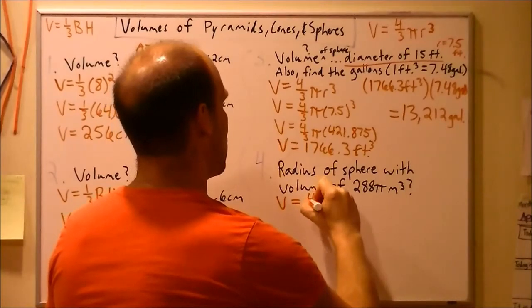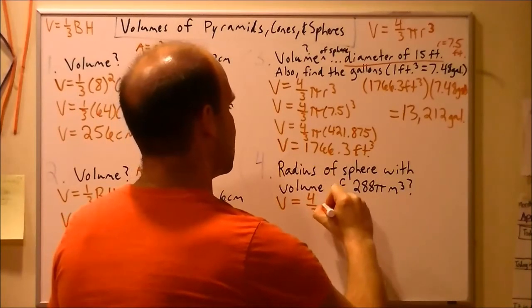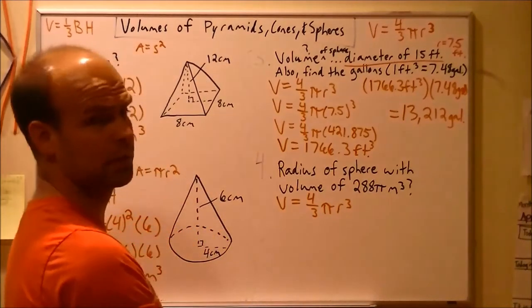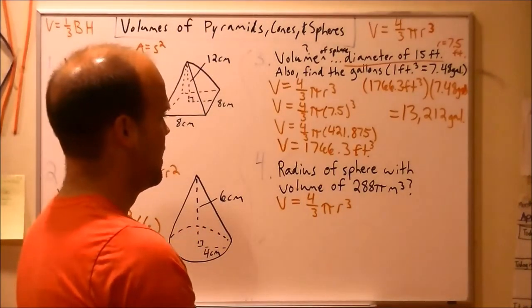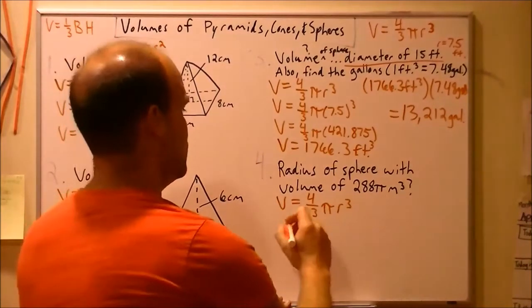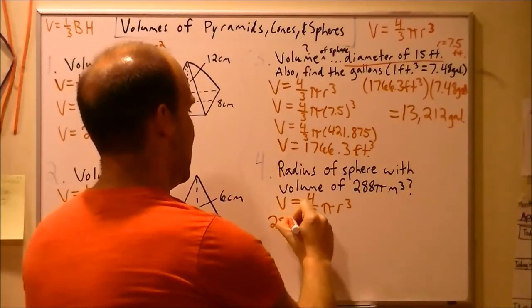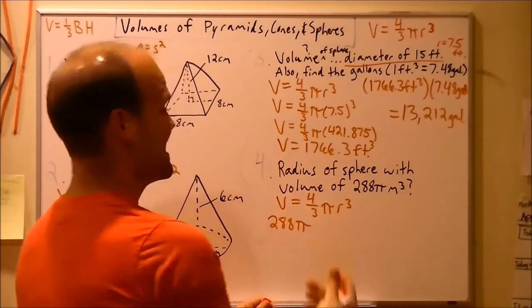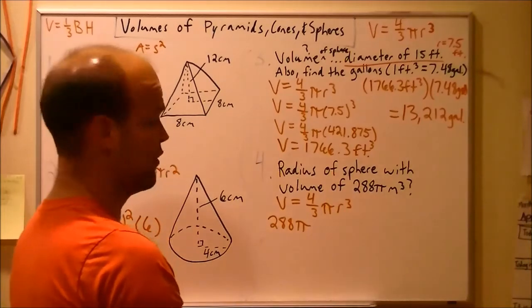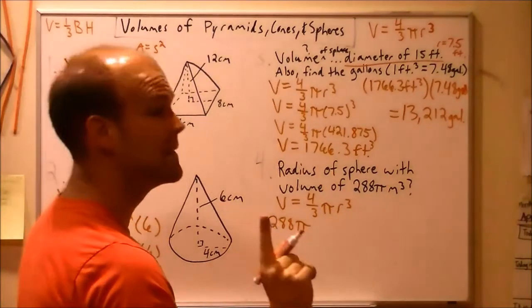First thing I do is just rewrite my formula. V equals 4 over 3 times pi times r cubed. All right, and now guys, we're just going to plug in the information that we have. What's the volume of this sphere? 288 times pi. And since that is the volume, V, we put that figure in for V. 288 times pi.